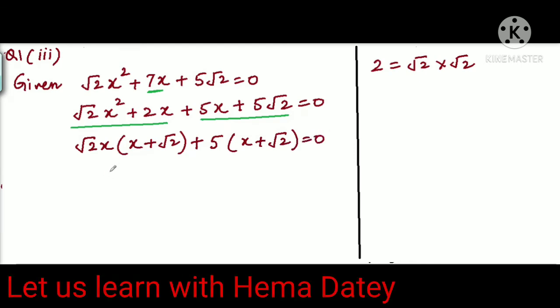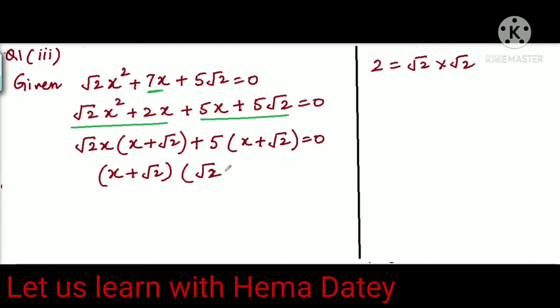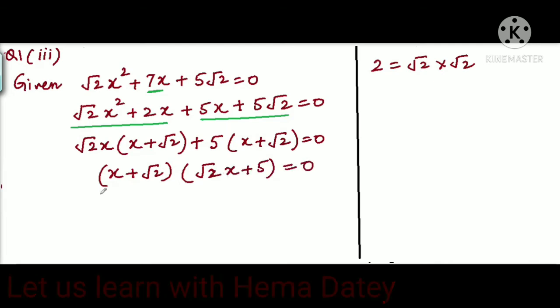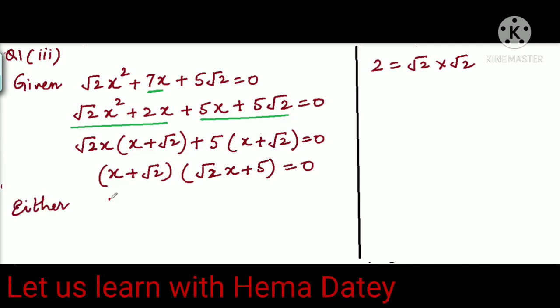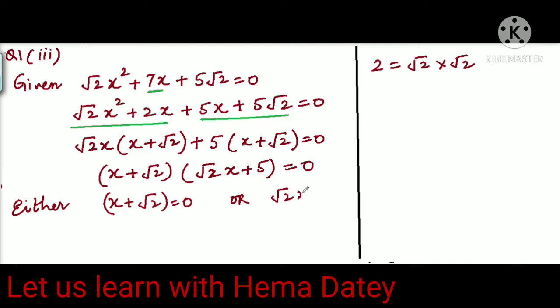Now we have two terms and in these two terms x + √2 is common. So we will take x + √2 common and in the second bracket there will be √2x + 5 = 0. If the product of these factors is equal to 0, it means either x + √2 = 0 or √2x + 5 = 0.